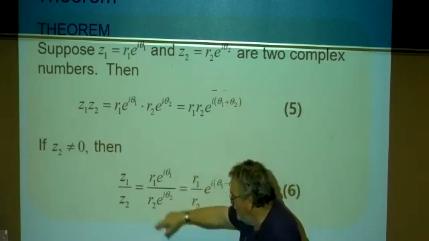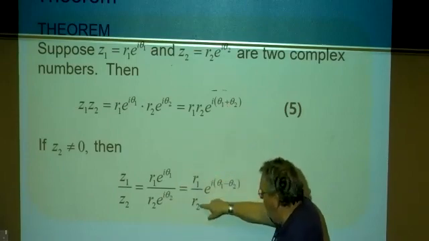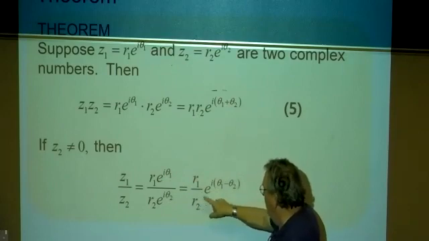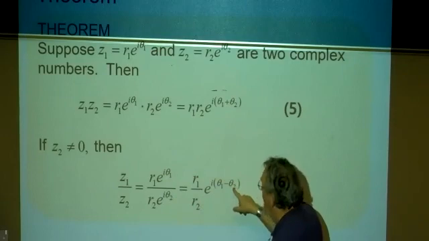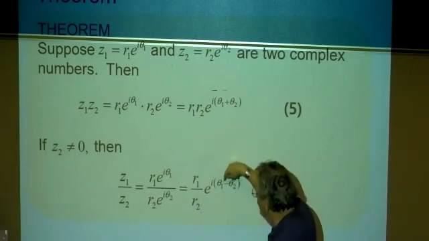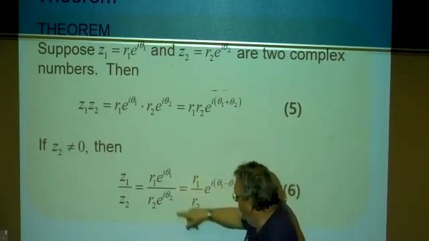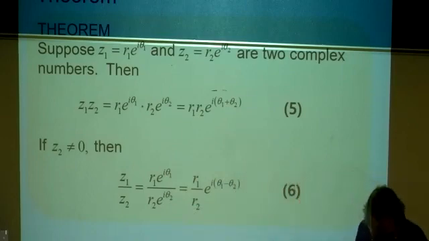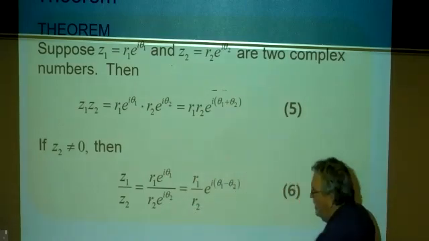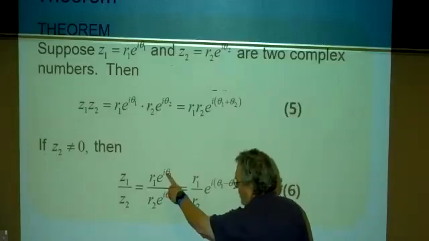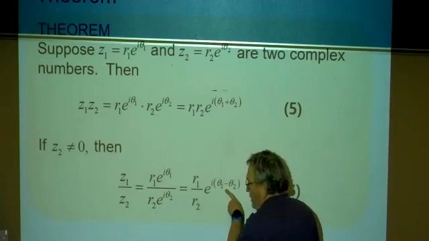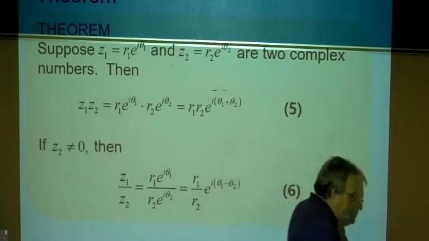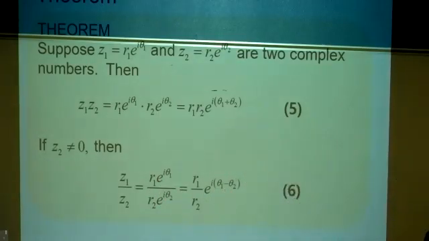And if you're dividing two complex numbers, you're dividing the r's and you're subtracting the angles, the numerator minus the denominator. So that's how it works. If z sub 1 has a smaller angle, then you're going to get a negative angle. It's okay, because you can always write it as a positive.